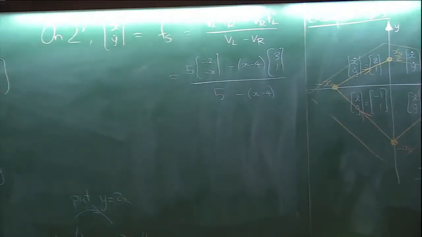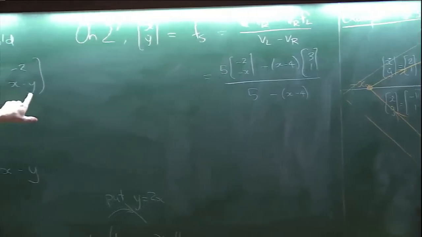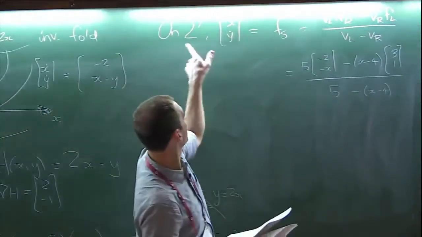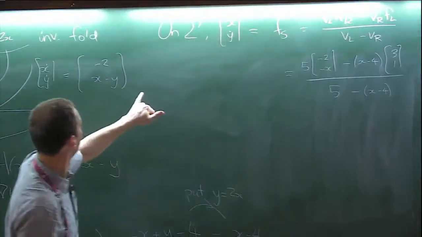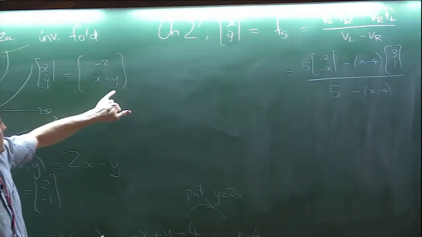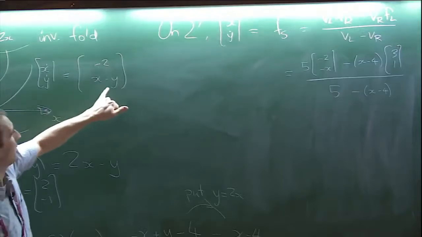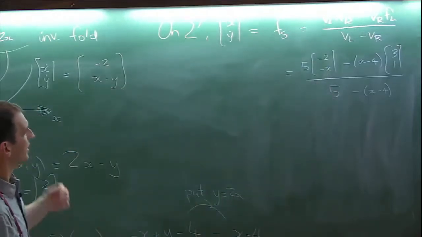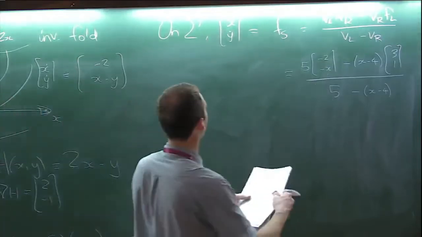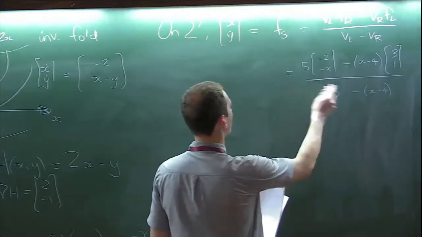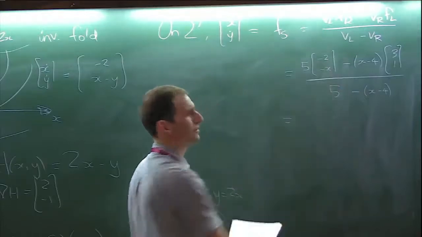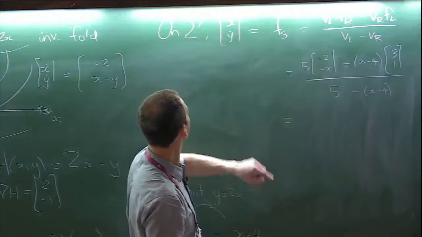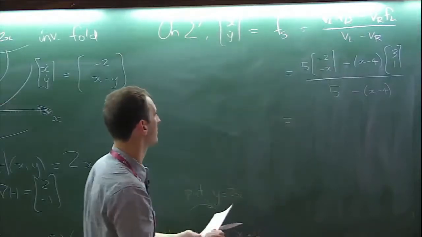FR is this, but I've substituted y equals 2x because I'm on the switching manifold sigma. So I've substituted y as 2x, so this is minus 2 minus x. That's what I've got there, and the rest is straightforward. So you can simplify that. It's a vector. It gives us x dot and y dot.